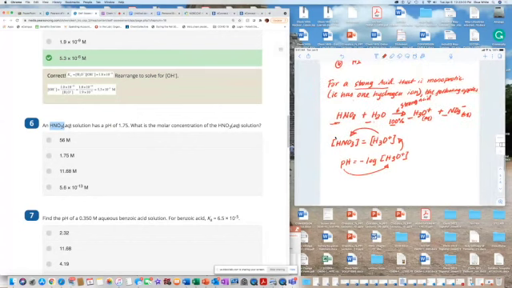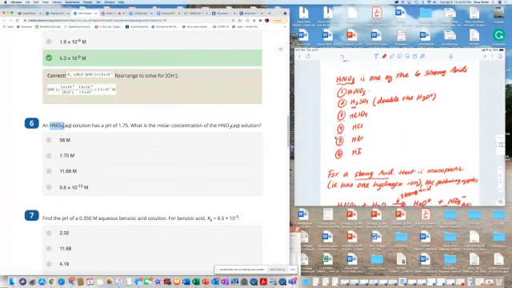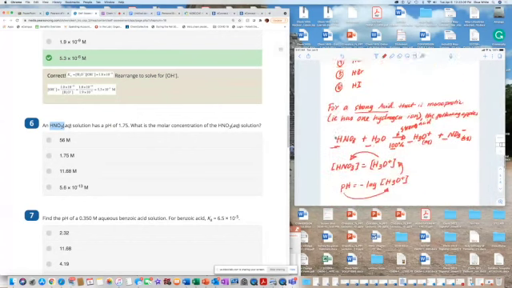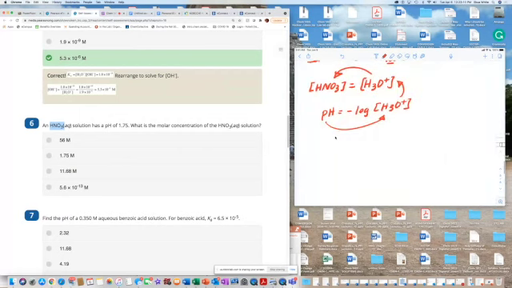So let's see. What was the pH again? 1.75. 1.75 is equal to negative log of H3O plus. Okay, so I have to find what this is. You can multiply by negative 1 on both sides. This ends up being 1.75 equal, the negative and negative become positive, log of H3O plus.